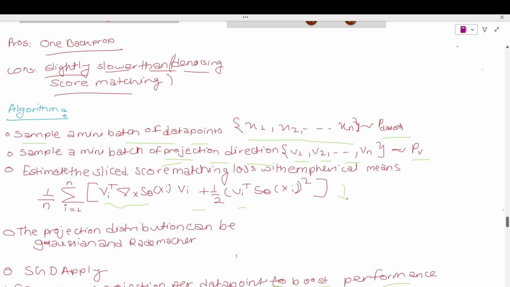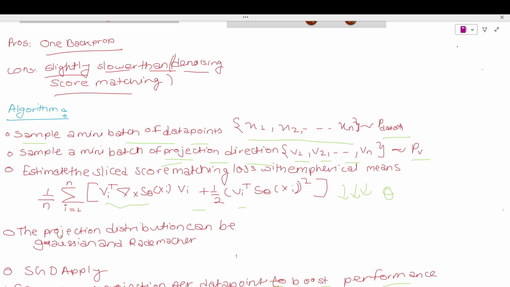If you minimize this score matching loss, we find the optimal value of theta, which helps us approximate the score s_theta(x_i).